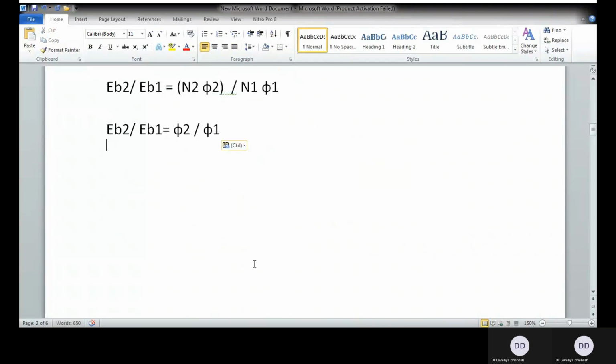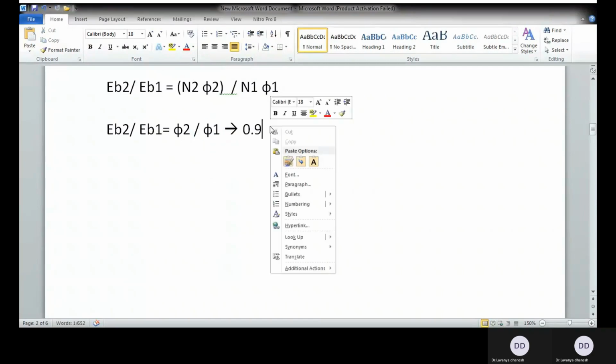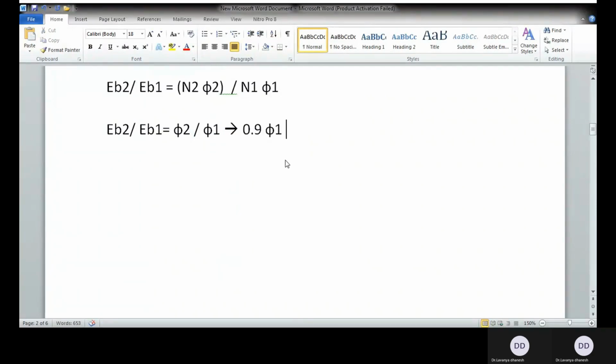Right? Now substitute the value of phi 2 in terms of phi 1. So what is phi 2? 0.9 phi 1 divided by phi 1.